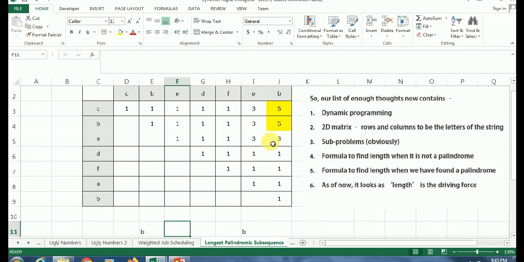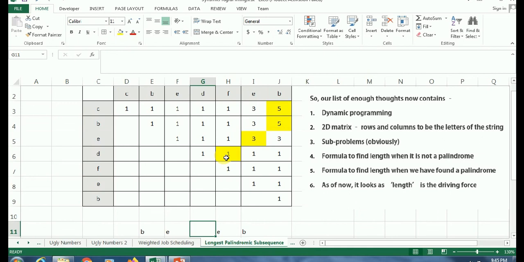Now, all right, so let me color this up. This 3 is also coming from this one. Okay, that means point number 5 has been applied here as well. So my next component becomes E. And since I'm putting E over here, I'll have to put it over here.